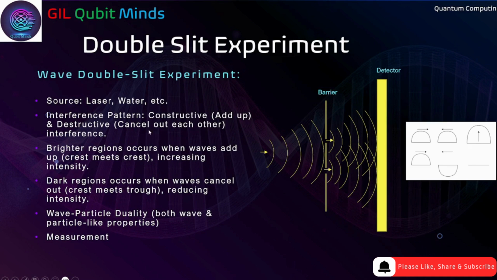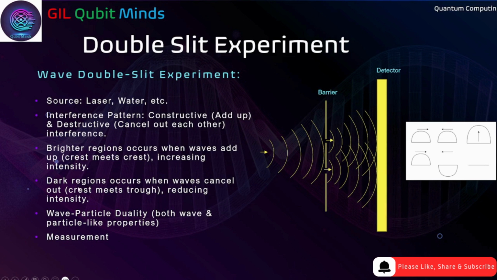Now, the interference pattern can work in a constructive way or a destructive way. Constructive means when two waves come together, they can increase the amplitude. If one crest meets a trough, they will nullify or cancel each other out.